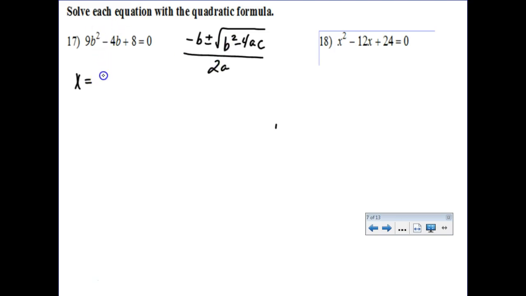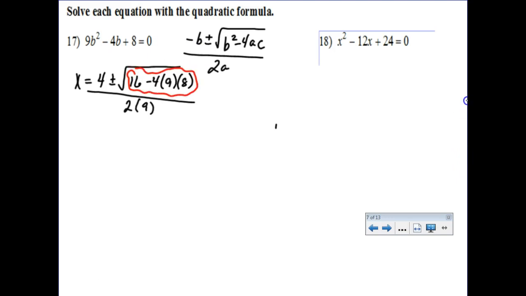So opposite of b would be positive 4 plus and minus. b squared is 16 minus 4 times 9 times 8, and then all of it over 2 times 9. So we always encourage you guys to simplify the discriminant first. Do not square root it yet because we're going to want an exact answer.